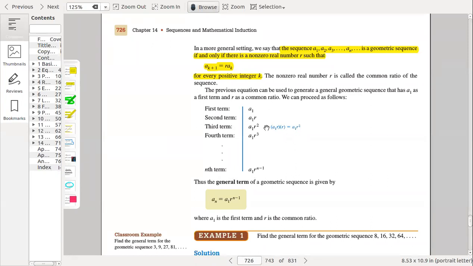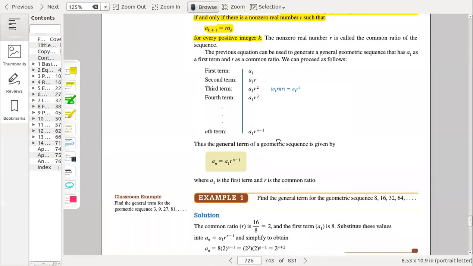Observe that we get the second term by multiplying the first term by r, the third term by multiplying the second term by r, the fourth term by multiplying the third term by r. Similarly, we obtain the nth term by multiplying the first term by r to the power n minus 1.